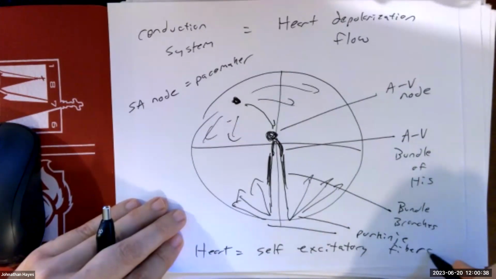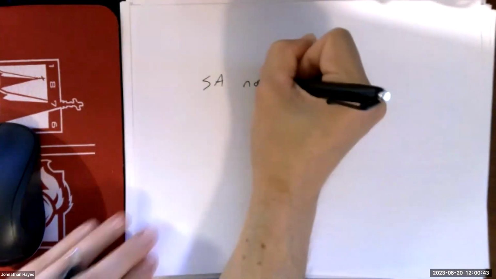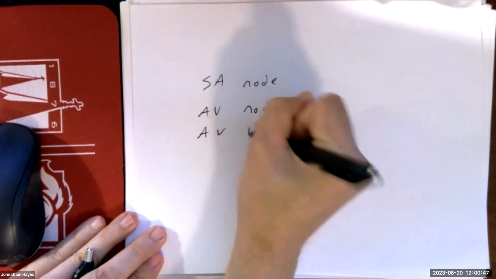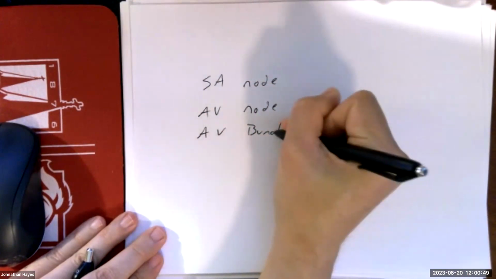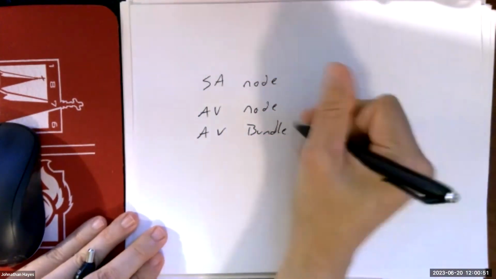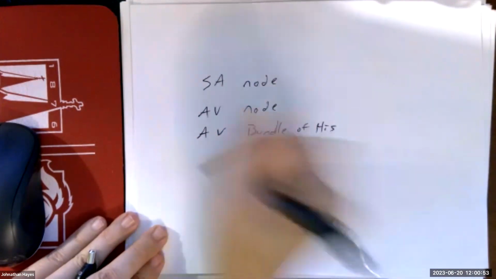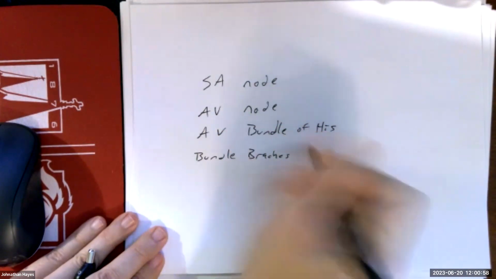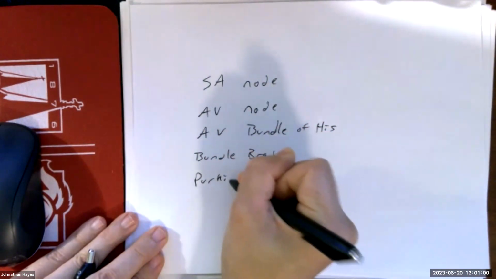So that's your basic cardiac conduction system, right? You have an SA node, an AV node, an AV bundle of His, or sometimes they just call it the AV bundle, or sometimes they just call it the bundle of His. You have bundle branches, and you have Purkinje fibers.